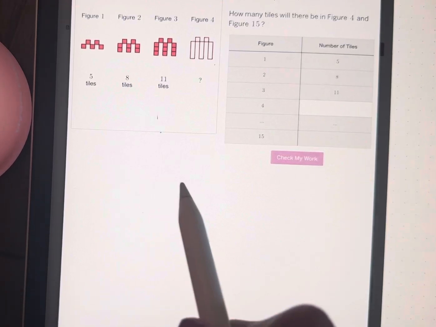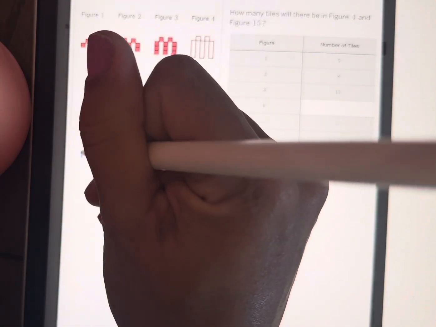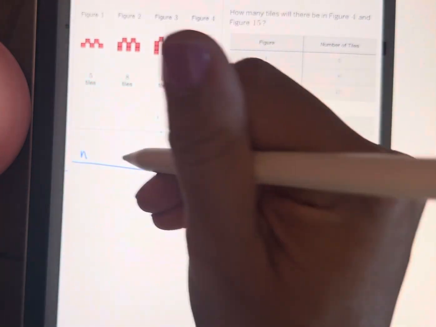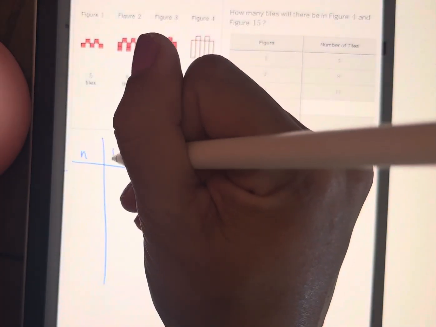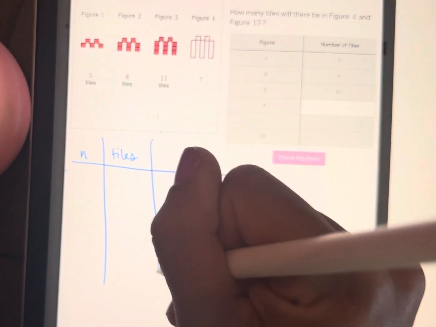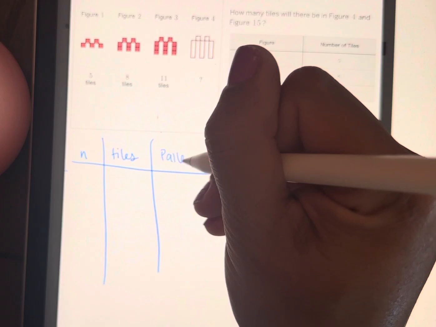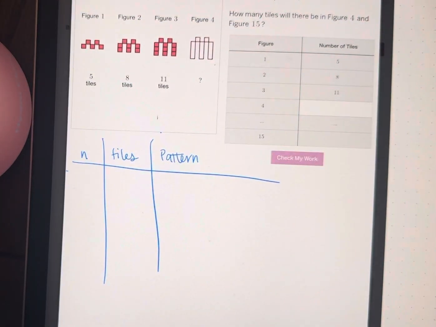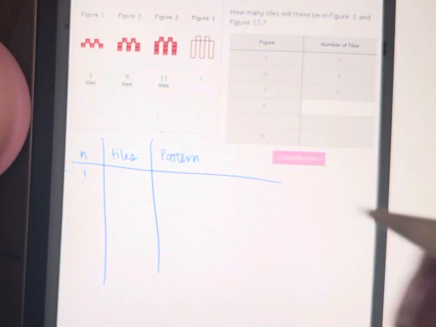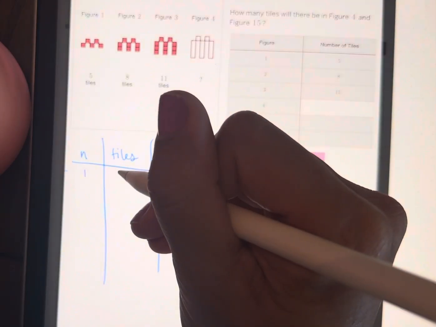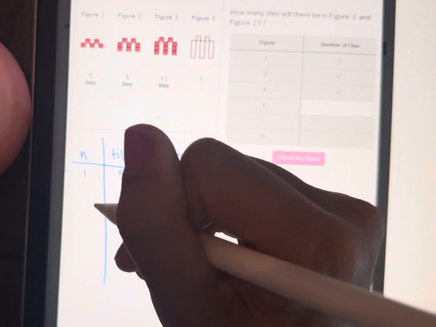And I'm gonna again recopy it so we could do our n, our tiles, and then our pattern. So here we go. In figure 1, our number of tiles is 5.